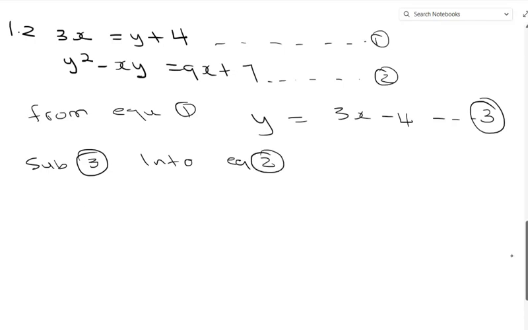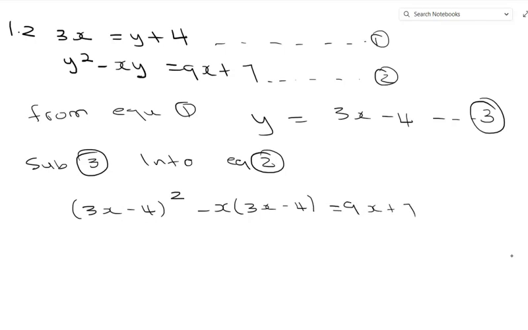Then we're going to have 3x minus 4 squared minus x times 3x minus 4 is equals to 9x plus 7.